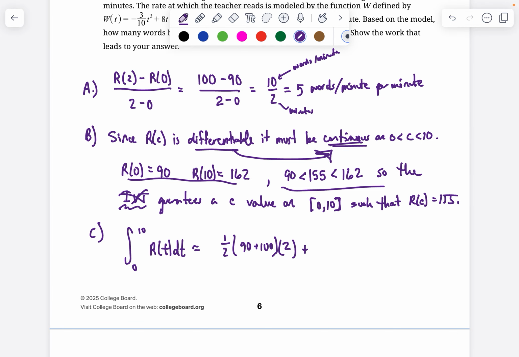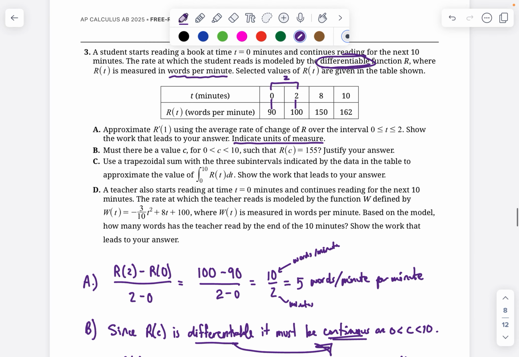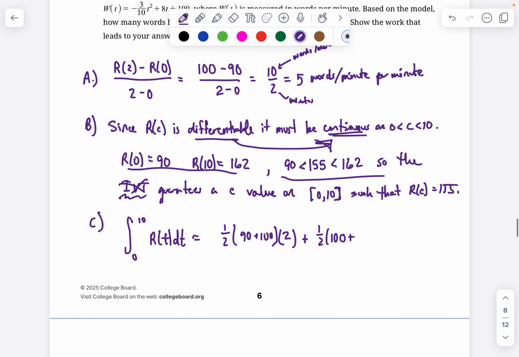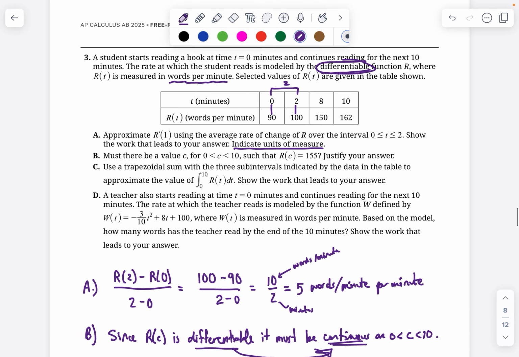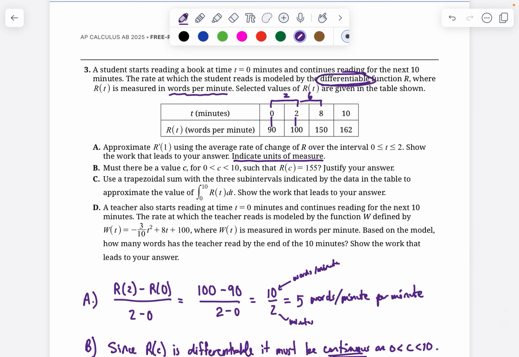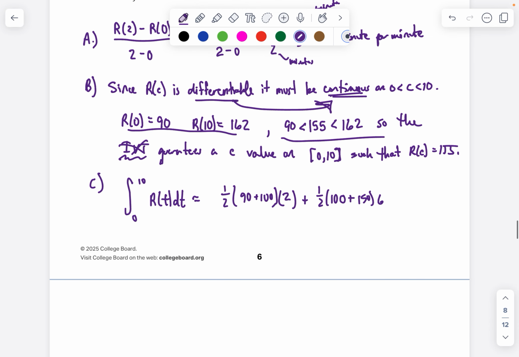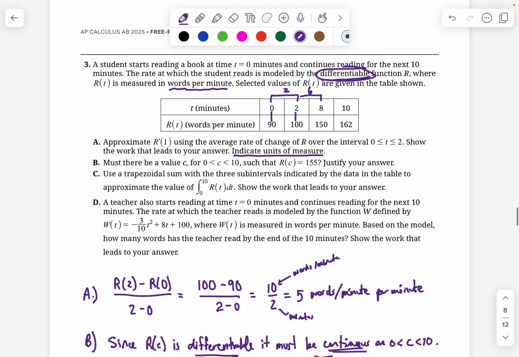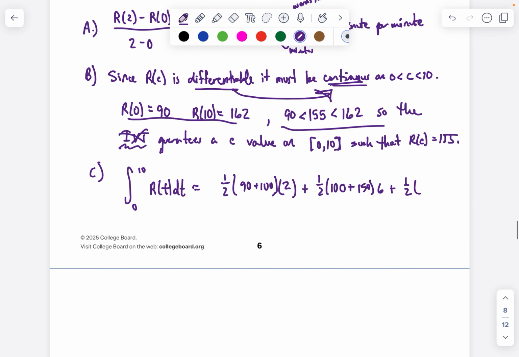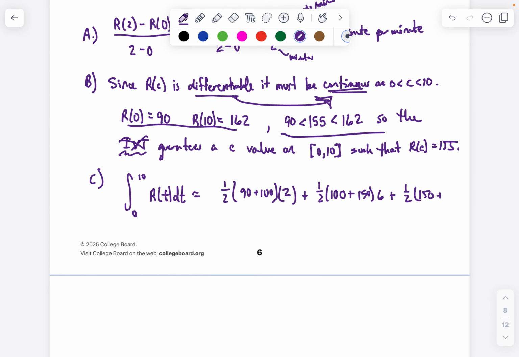And then the next trapezoid would be 1/2, 100 plus 150, and this one is an interval of 6, so that's the height there, right, plus 1/2, and then we've got this time another 2, so 150 and 162, and then times 2.